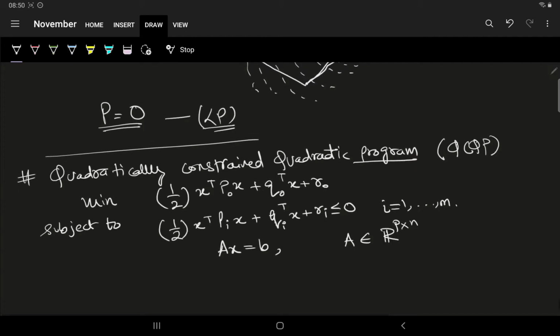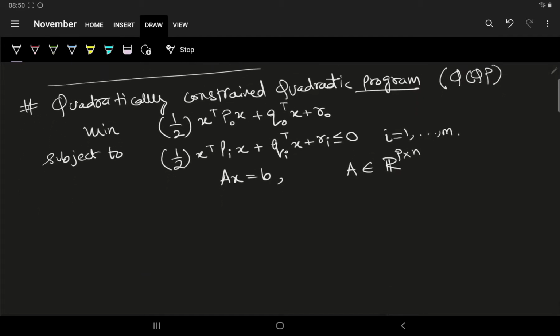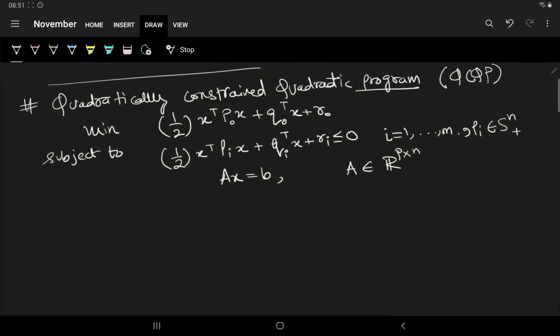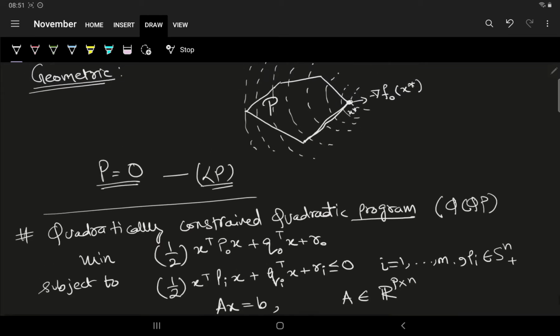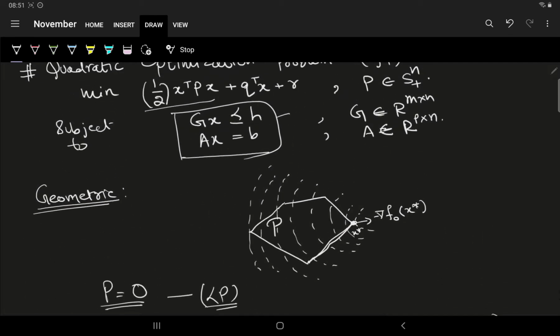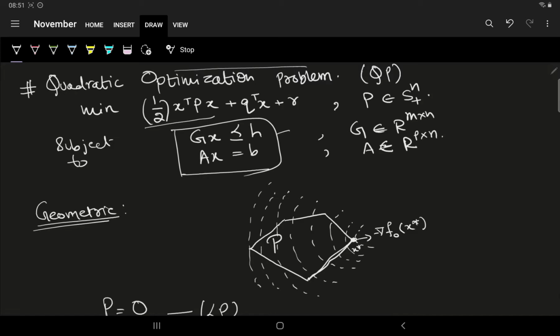And the P_i are also positive semi-definite. So this is more general. We can see that if we take all the P_i equal to 0, it will lead us to this form, again a quadratic program.